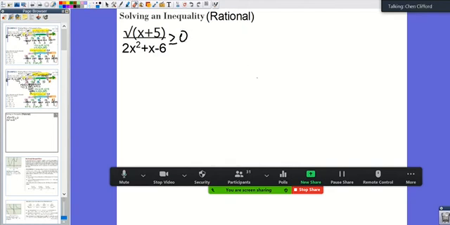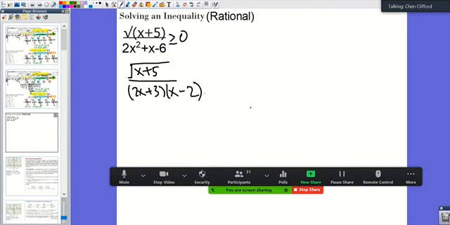All right. So let's start off by factoring the bottom. I get 2x and x. Okay, and what is that? 3 and 2, plus 3, minus 2. That's correct.